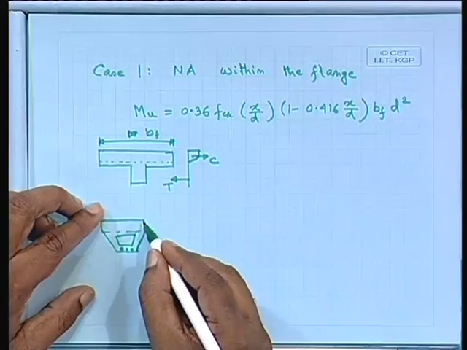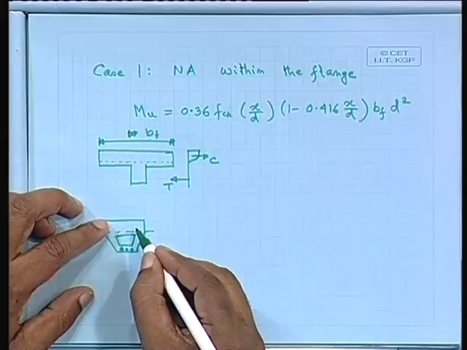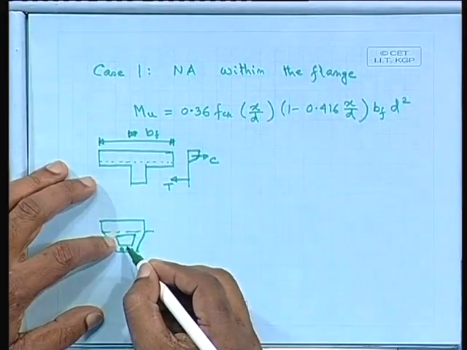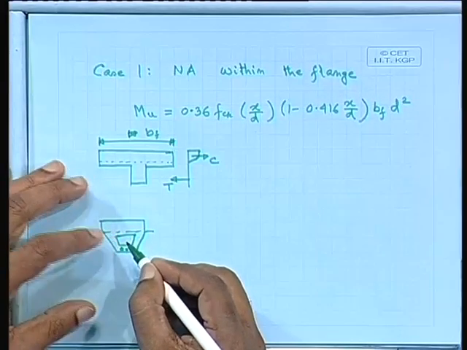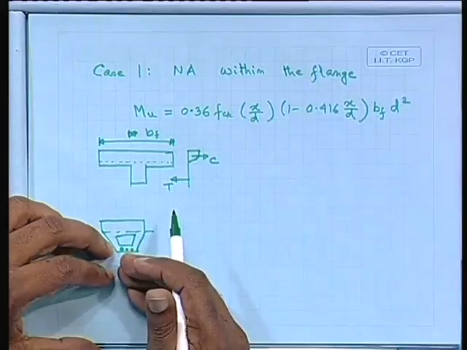We need it only at the top, because this one only takes part in bending and compression. But we don't do it, because the shuttering cost or other cost will be more, and whatever you achieve by removing concrete, the shuttering and other things will again cost more. So if it is not at all required, we don't go for this type of case.